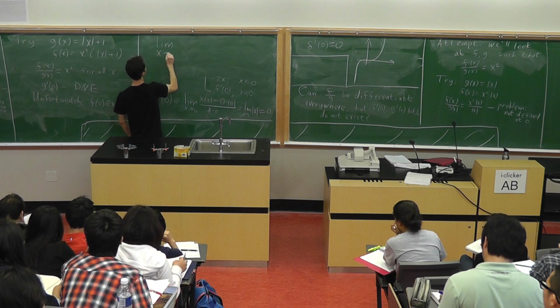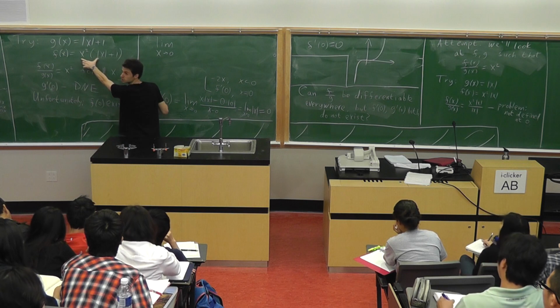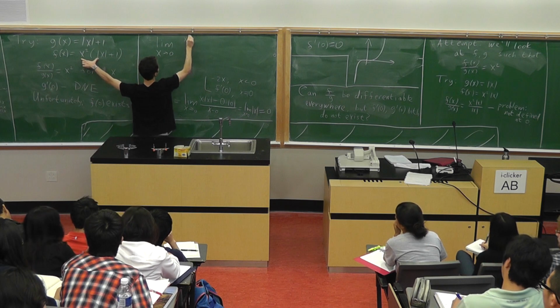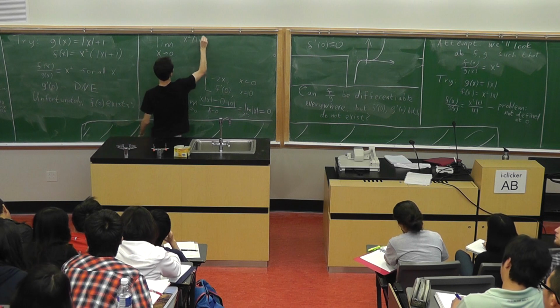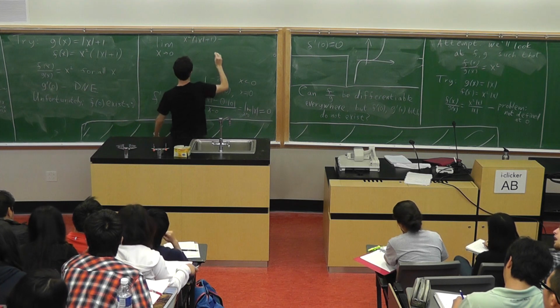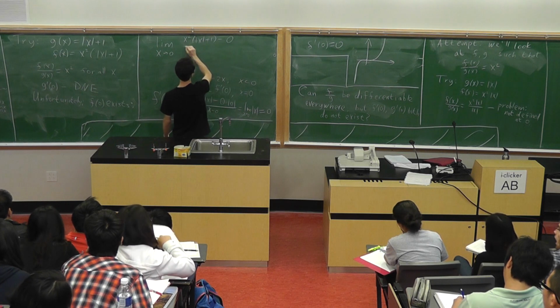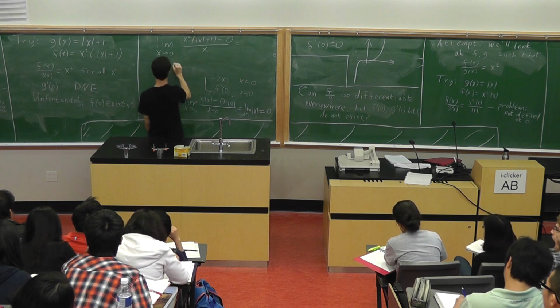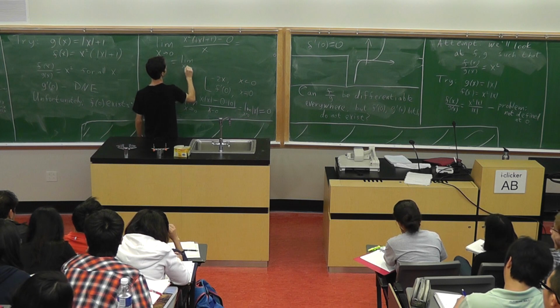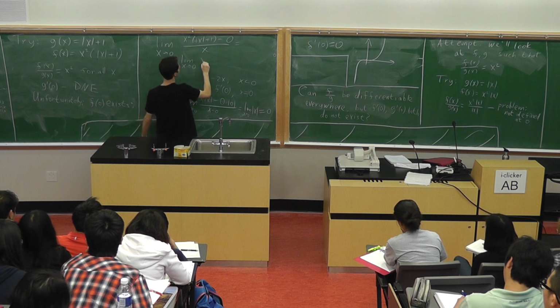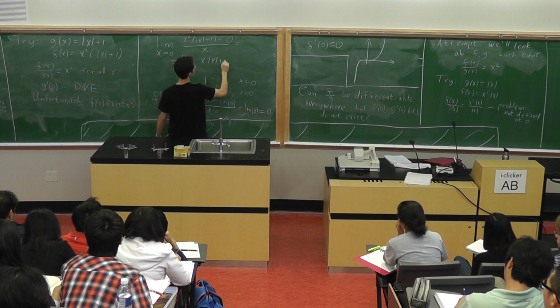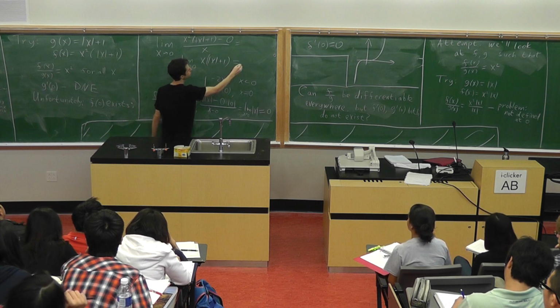So I'll continue here. Limit as x approaches 0. Well, if I want the derivative of this function, I'll have to compute the function at the point x minus the function at the point 0, which is 0, divided by x. So its limit as x approaches 0 is x times absolute value of x plus 1. And you see this limit is 0.